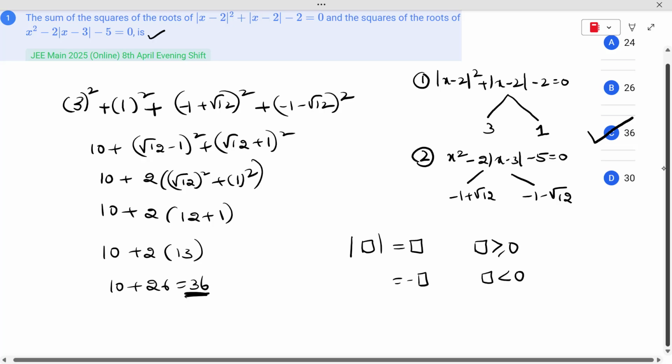After splitting the quadratic equation, solve it, and always remember that whatever roots you got from solving, check whether they are valid or not. Is it satisfying the case, that the expression is greater than or equal to 0, or whatever the particular case is? Just check. If it is satisfying, that is a valid root. If not satisfying, not a valid root.